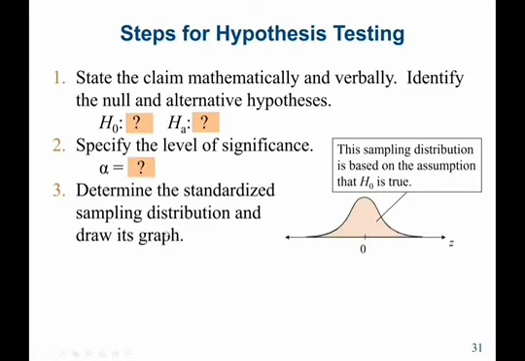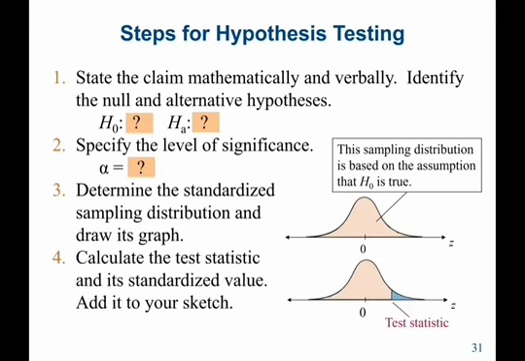Next, we determine the sampling distribution and draw a graph. Then we calculate the test statistic and its standardized value, and add it to our sketch. Next, we find the critical value using the table.